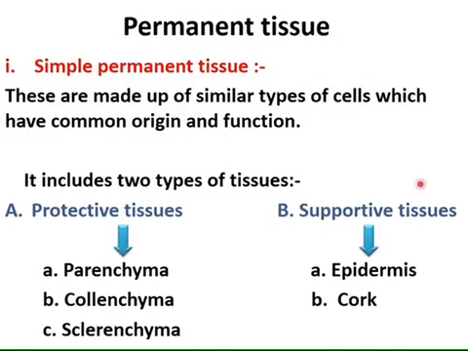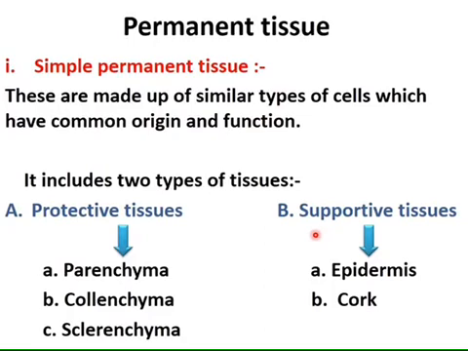In our previous classes, we have seen permanent tissue, and the first type was simple permanent tissue, which is made up of similar types of cells which have common origin and functions. The types we have discussed: the first type was protective tissue and the second is supportive tissue.